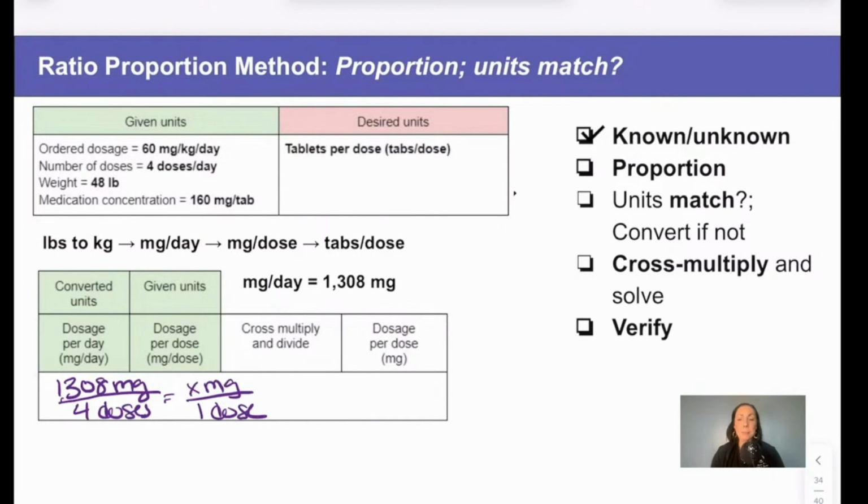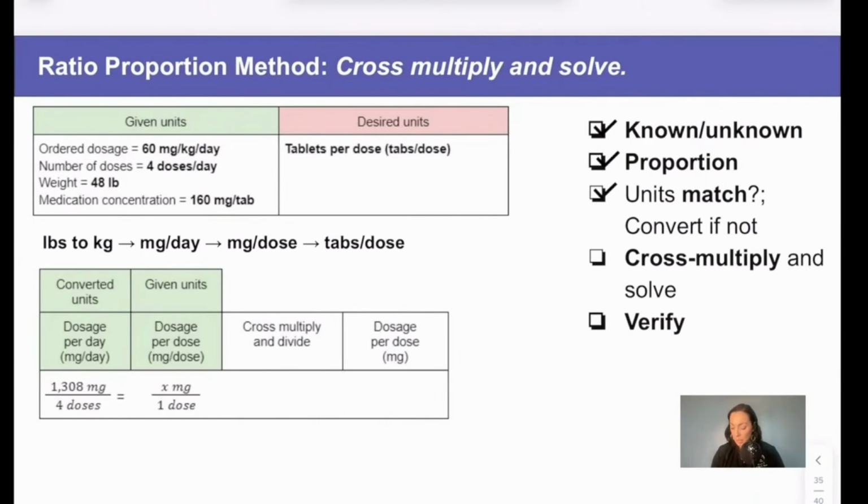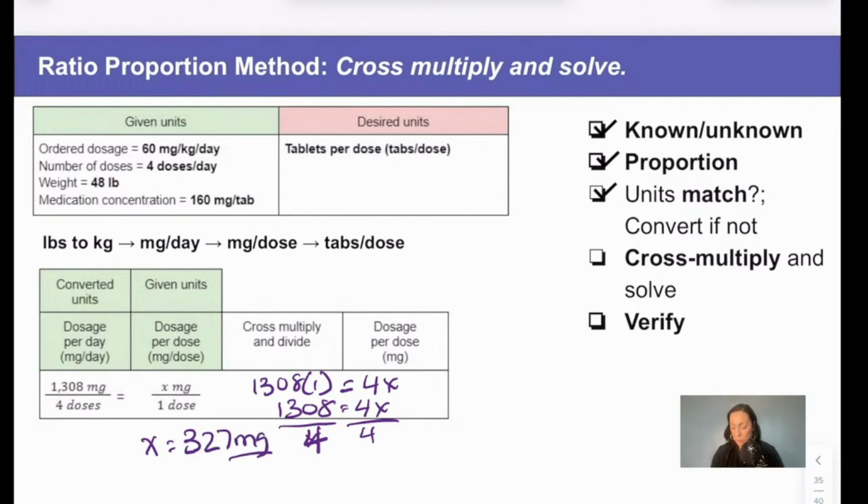We want to know how many milligrams we're giving per dose. Our units match, with milligrams on the top and dose on the bottom. And what are we going to do? We're going to cross multiply. Tell me what we get here. We have 1308 times 1, and we have 4x. Of course, we have to divide by 4 to get x alone. And we should get x equals 327 milligrams per dose.